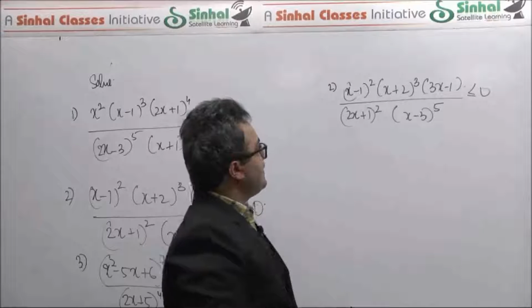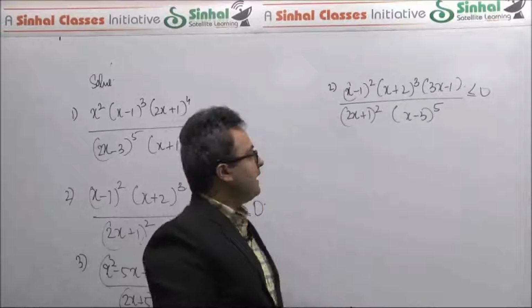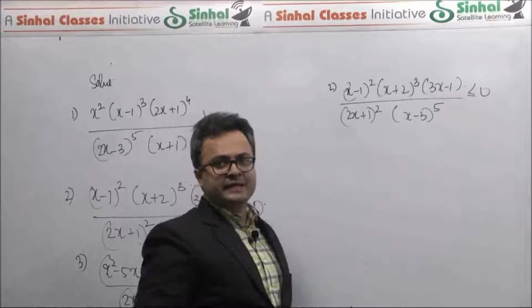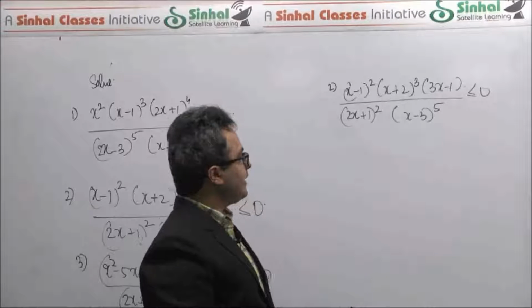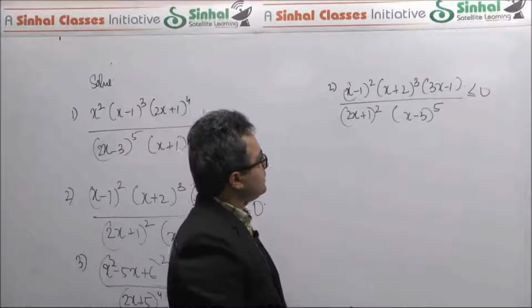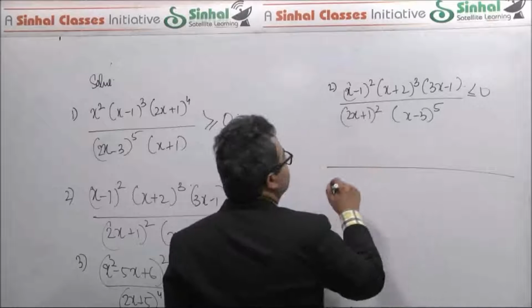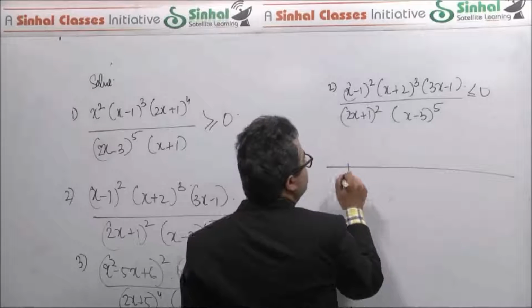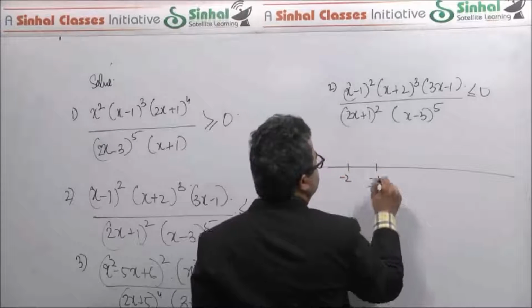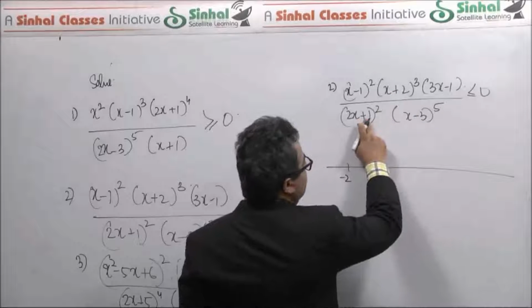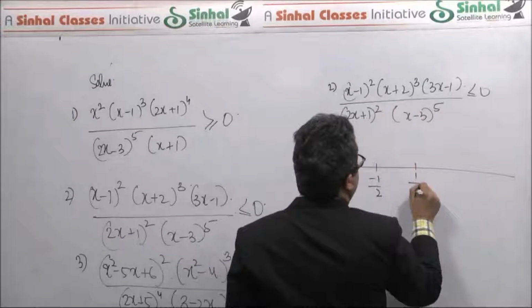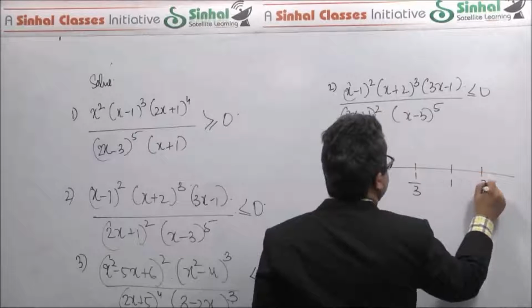In the second question again, we have 5 linear factors, and the coefficient of x in each linear factor is positive, so that is already taken care of. Again, we first plot the critical points: -2, -half, 1/3, 1 and 3.